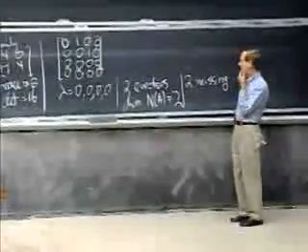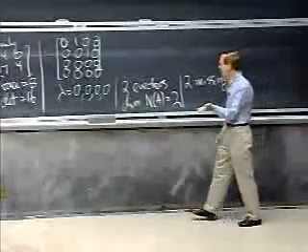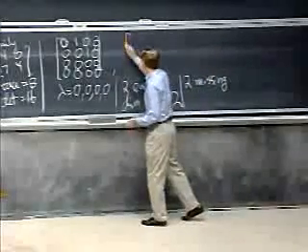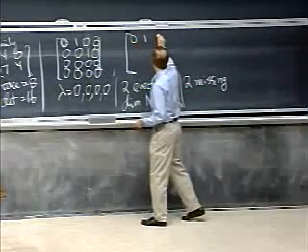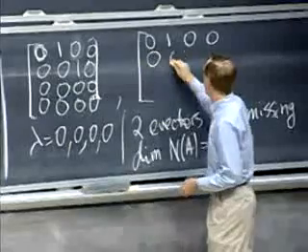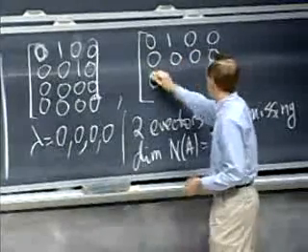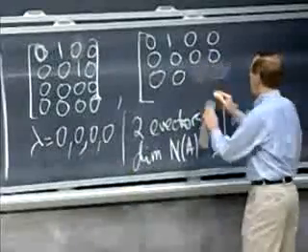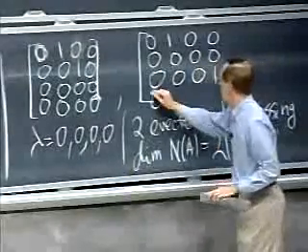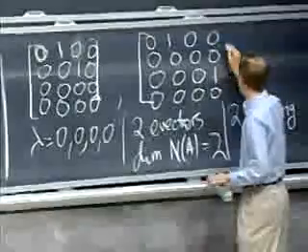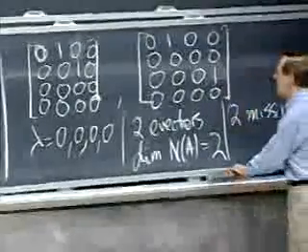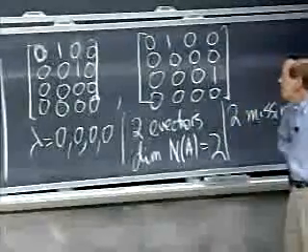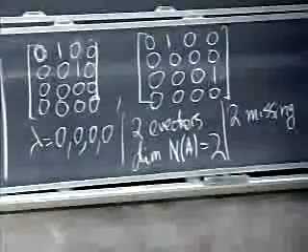Now, I was going to give you this second example. 0, 1, 0, 0. Let me just move the 1. Off the diagonal, and 0, 0, 0, 0. Okay. So now tell me about this matrix.